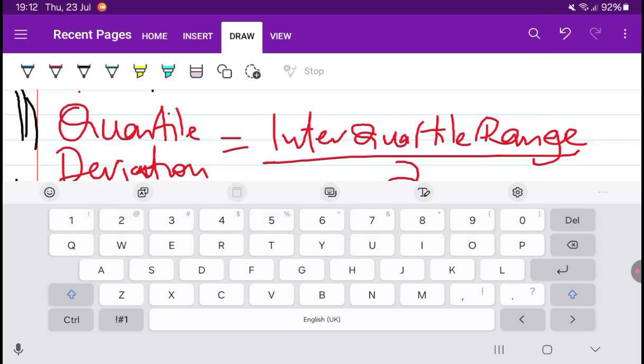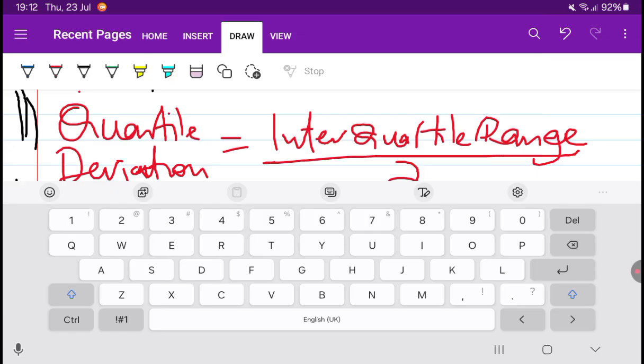In other words, we look at a distribution, then we divide that distribution into four equal quarters. So we get the data set and then we divide it by 4, whereby the 1 will represent the first quartile, then 2 the second quartile, then 3 the third quartile, and then the fourth one will be 4 out of 4, which means it will be a 1.